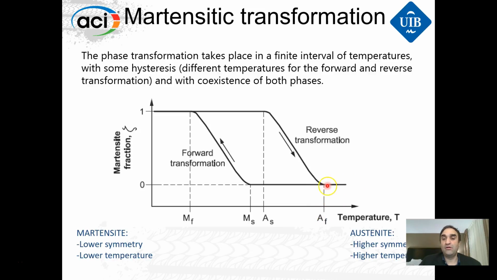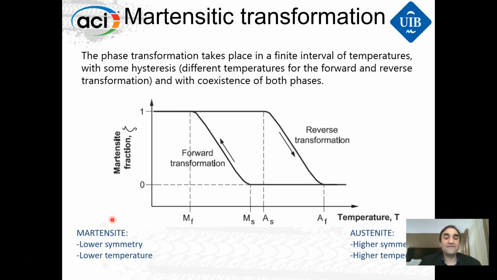Here, our material will be in austenite state, and then if we cool the material, we will cross the martensite start temperature, and we will produce the forward transformation. So we will go from austenite to martensite here after martensite finish.